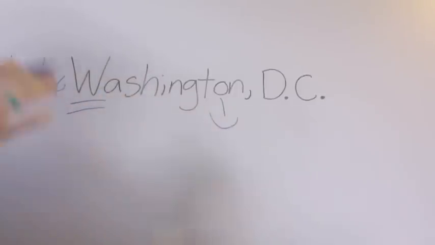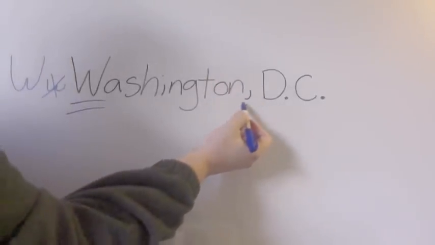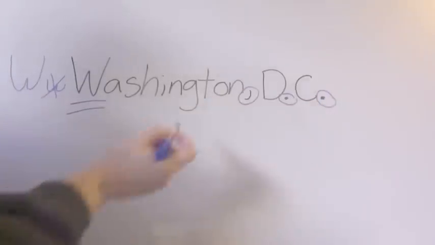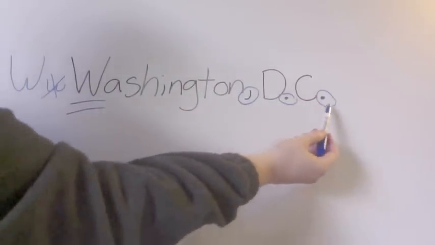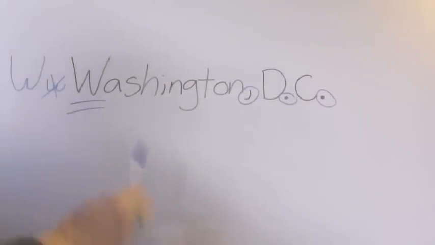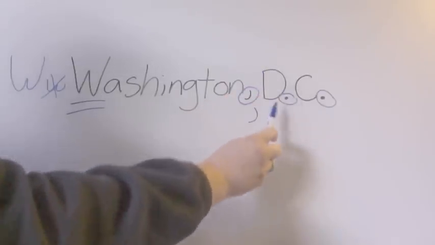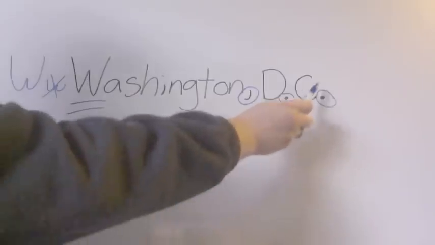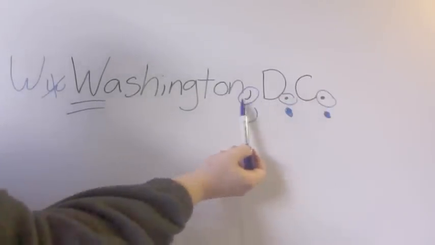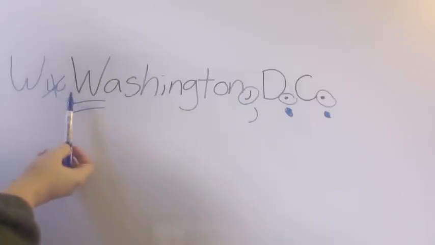Now, what you really need to remember is this comma and these periods. You have to use these. Very, very important. So, Washington, comma, D, period, C, period. If you do not use this grammar, you will fail writing that sentence.